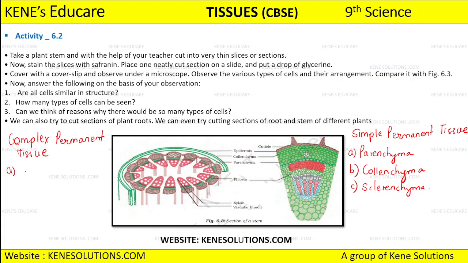So complex permanent tissue includes xylem, which conducts water, and secondly we have phloem. So this phloem conducts food to different parts of the plant. Okay, so these are the two different types of complex permanent tissue that we have.